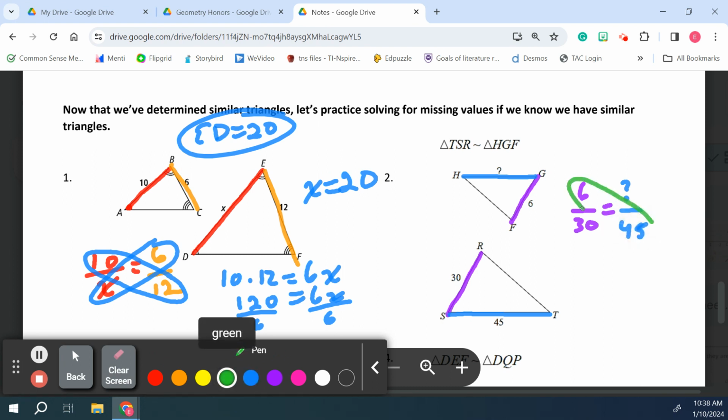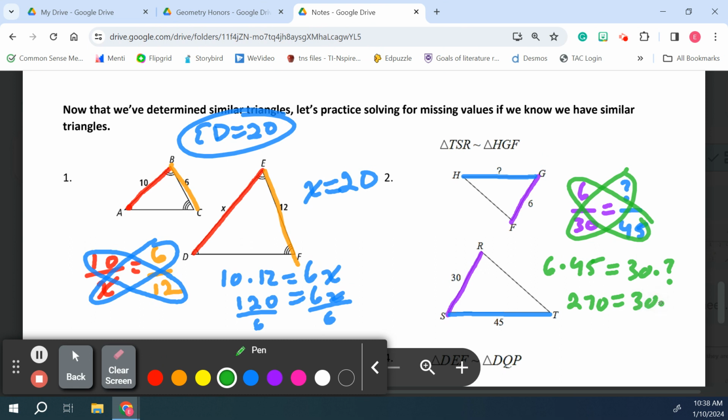All right, so I'm going to multiply these two across. This leaves me with 6 times 45 equals 30 times the question mark. Six times 45 leaves me with 270. I'm going to divide both sides by 30. So I get that the question mark itself is equal to 9.